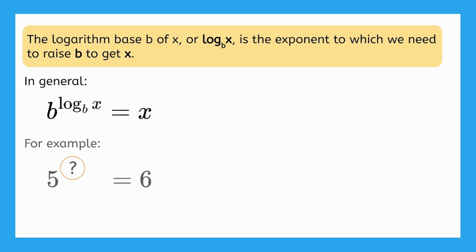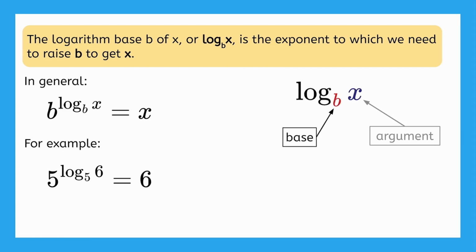For example, how would you express the exponent that turns 5 into 6? That would be log base 5 of 6. We always need two numbers to express a logarithm, a base and an argument. In the case of log base 5 of 6, the base is 5 and the argument is 6.